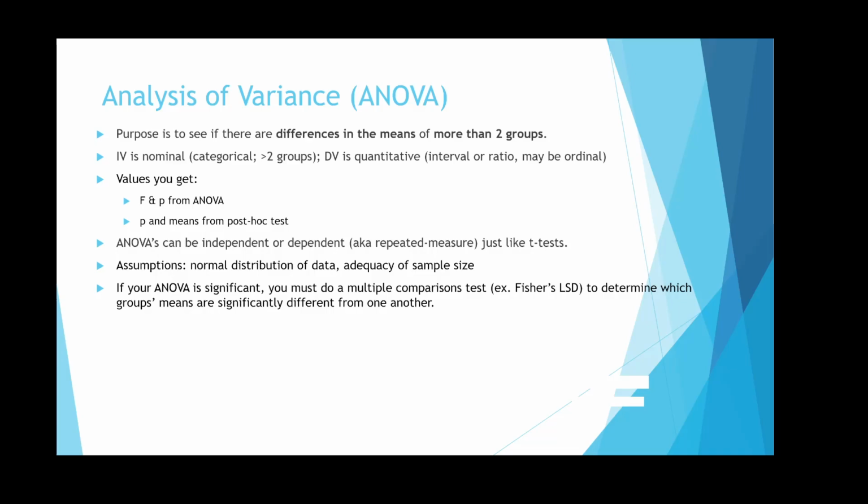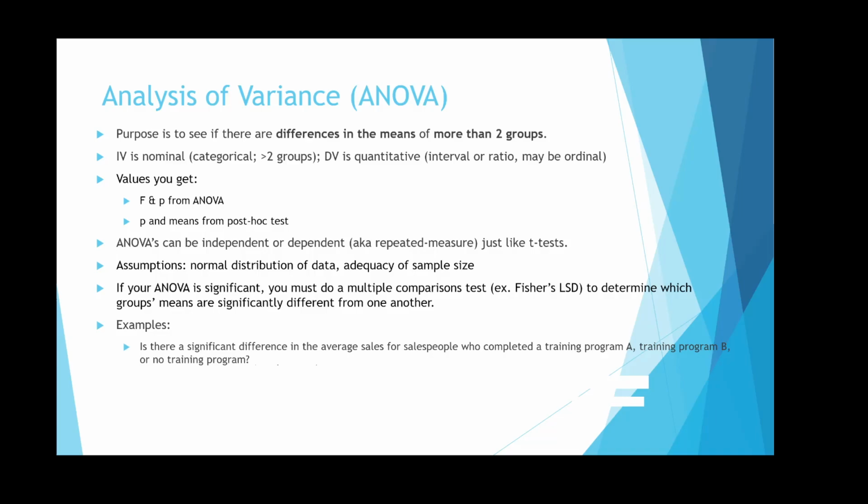The only way you can get more detailed information about which specific groups have unequal means is if you do a multiple comparison test, where you take each pair of groups and compare them to see if they have significantly different means. The test that we're going to cover is what you covered in QBA 283. It's called Fisher's LSD, and we'll go through how to do that in Excel.